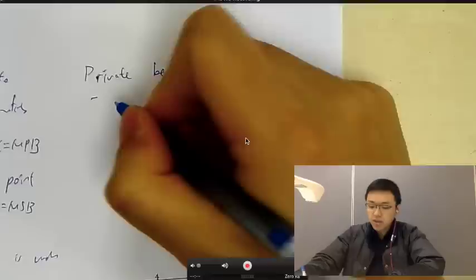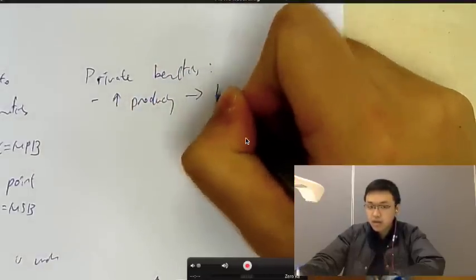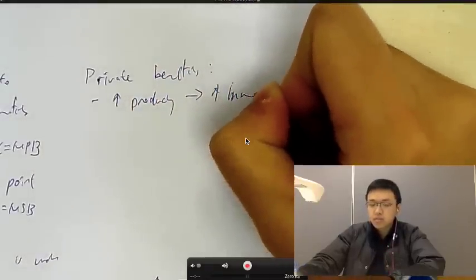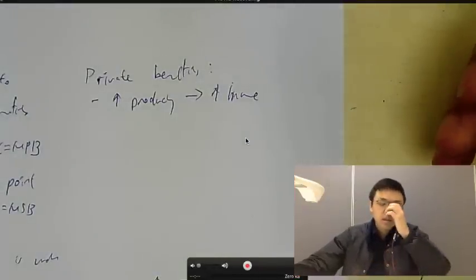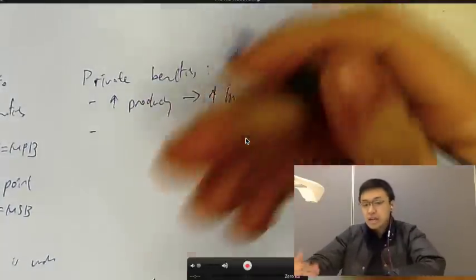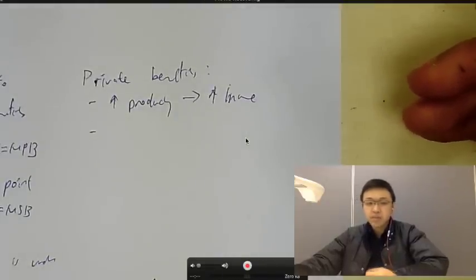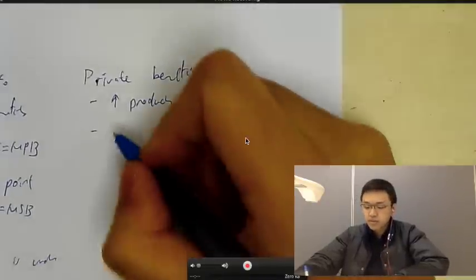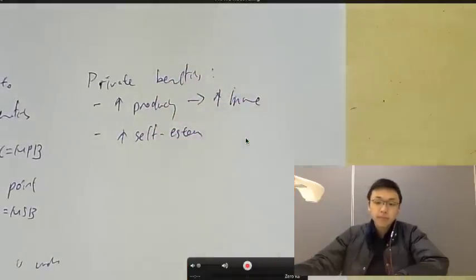One example may be increased productivity, leading to higher income. That's a very direct way an individual benefits from university education. Maybe after you go into university, perhaps Harvard, you become very proud of yourself, so improving self-esteem. That could be another one.